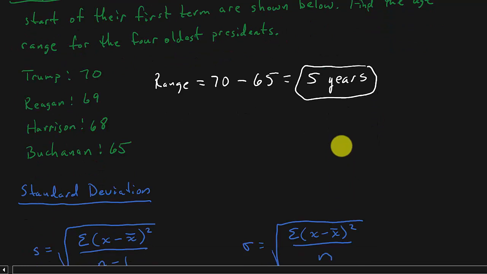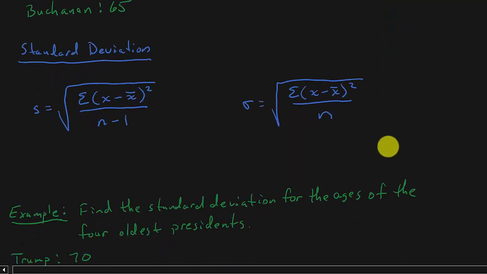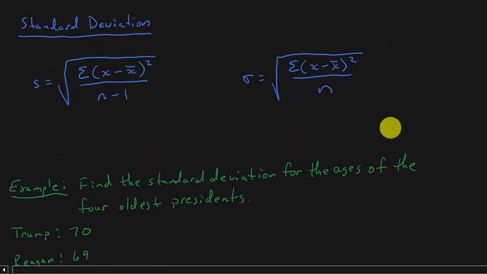Now, let's look at standard deviation. Range is easy. That's just the largest minus the smallest. Now, for the standard deviation, we have a formula here. You notice there's two formulas. This first formula is for a sample standard deviation, and this second one is for a population standard deviation.